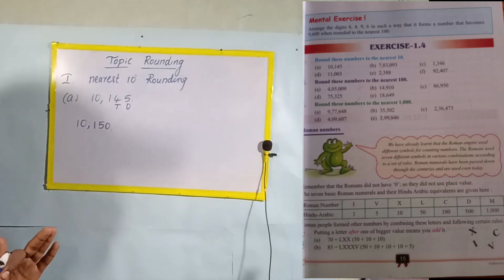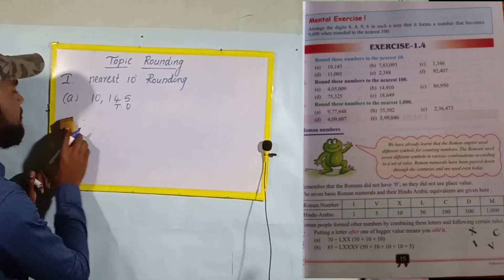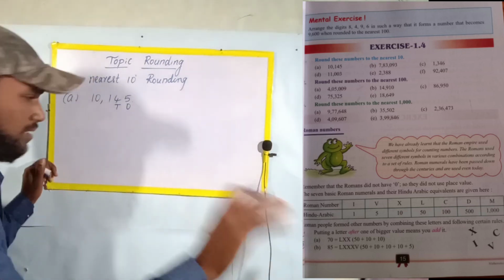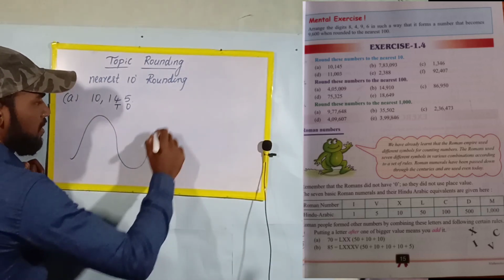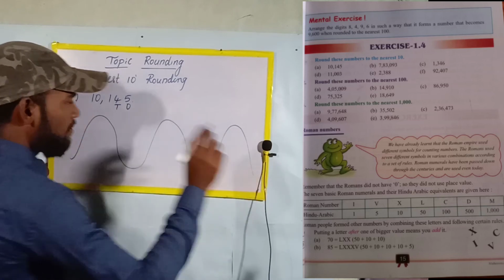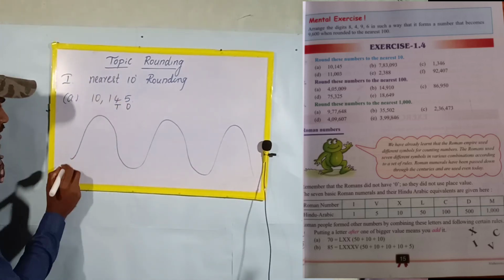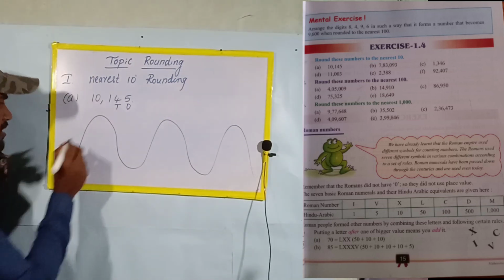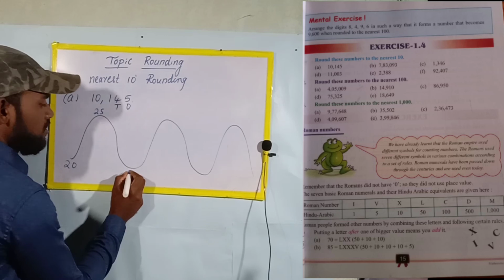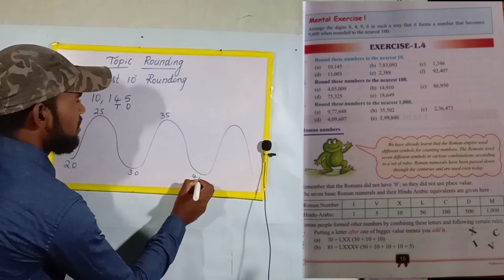You may get a confusion or doubt here, so I will explain in a playway method. See here, a simple method. Consider this a wave-like structure diagram. Here 45 is given. I am writing from 20: 20, 25, 30, 35, 40.